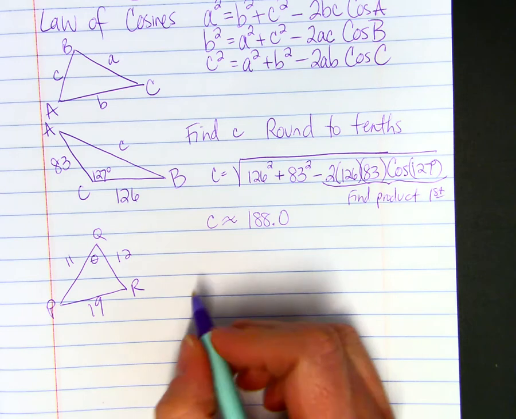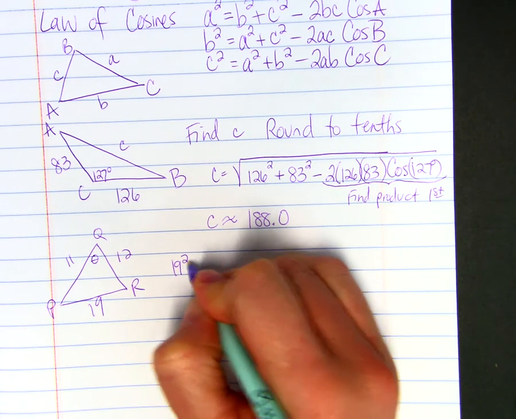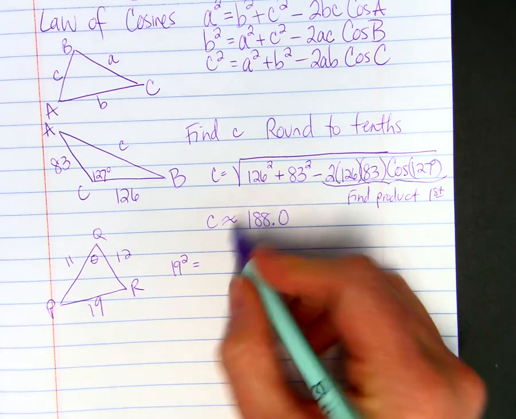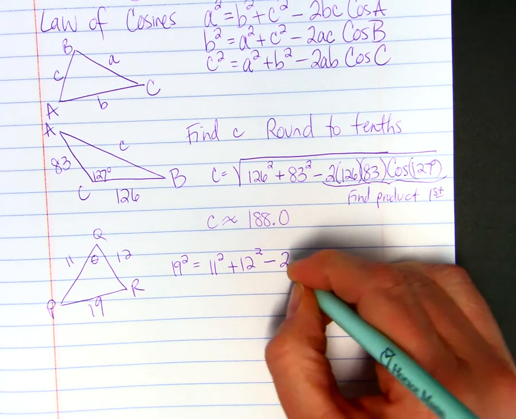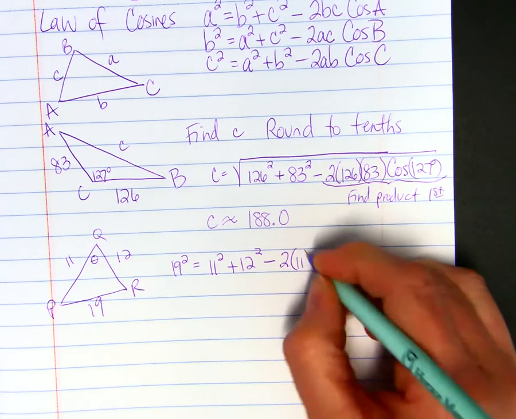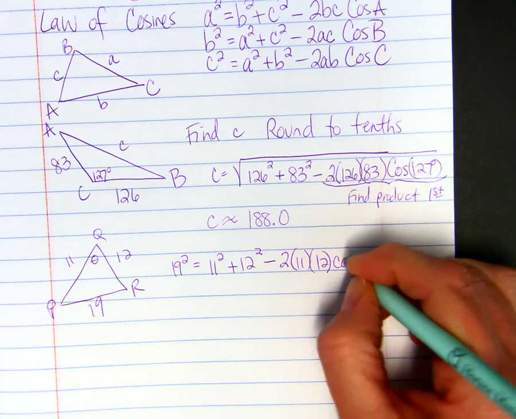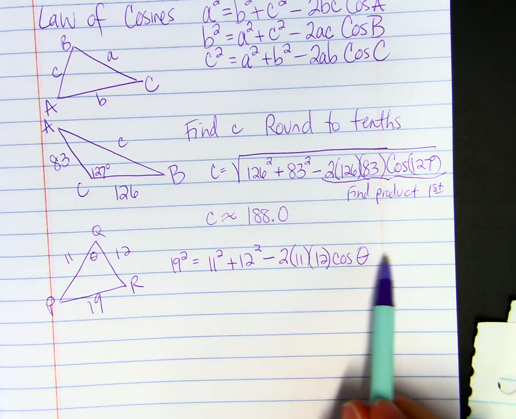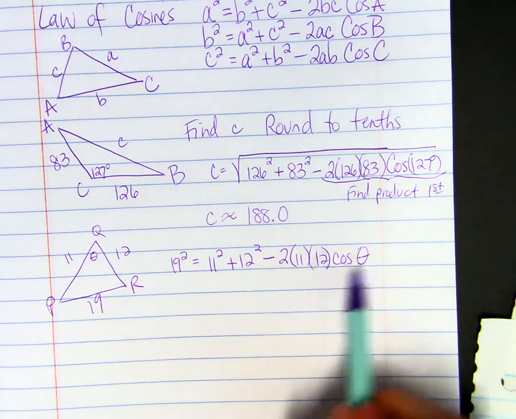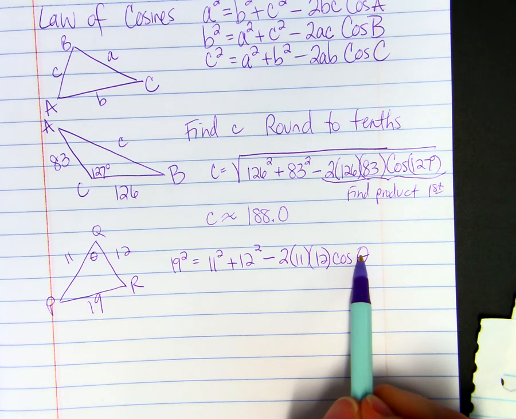So it will be 19 squared equals these two sides squared and added, 11 squared plus 12 squared minus 2 times each of those sides, 11 times 12 times cosine of theta. Now here's the problem. We need theta, and it's tied up in this cosine. So we're going to solve for cosine theta.